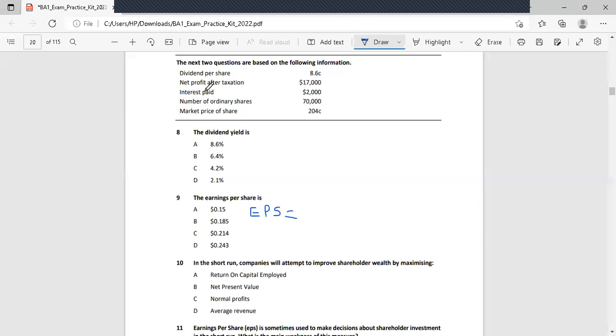Only when interest is deducted, the balance of the amount to be taxed is calculated. There's no mention about preferred capital also, so all 17,000 is available to ordinary shareholders, divided by the number of ordinary shares, 70,000. So it will be 0.24. Yeah, the D option. Okay. This is the one.